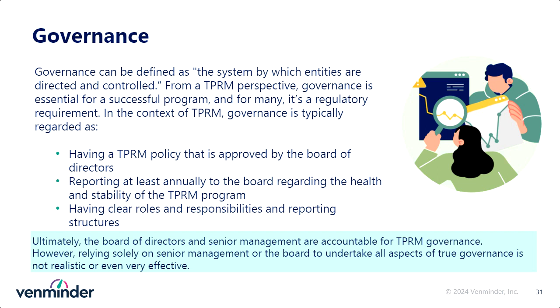But the truth is, we cannot rely necessarily on the board or senior management to help us manage those day-to-day risk issues or solve problems. So ultimately, there is a little bit of a gap between what's going on at the third-party risk management program level and the support that we need that lies in that space in between the program and the top of the house.